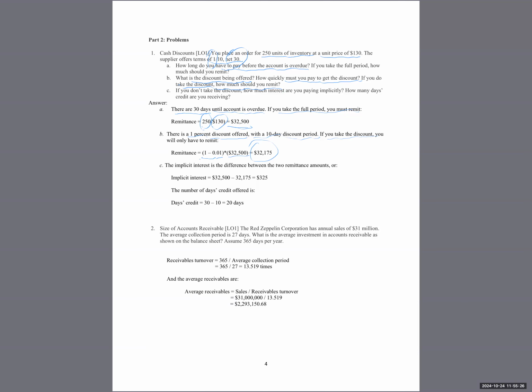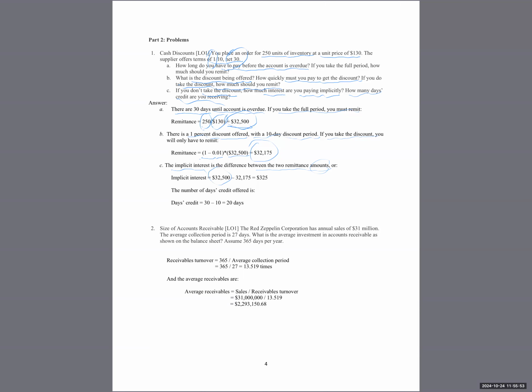If you don't take the discount, how much interest are you paying implicitly, and how many days of credit are you receiving? The implicit interest is the difference between the two payment amounts. If you take the full period, the amount is $32,500.